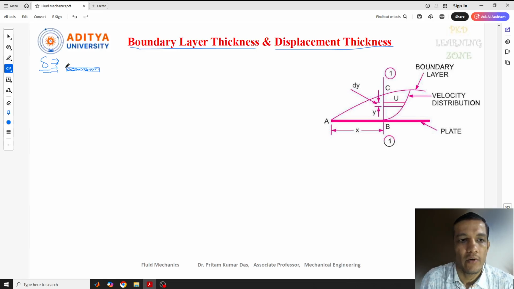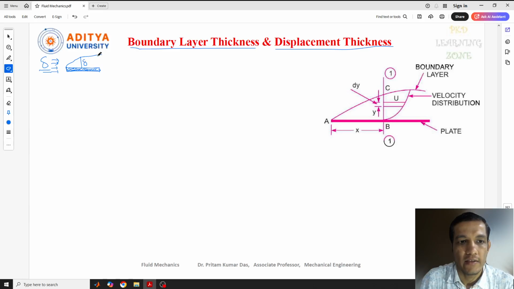Obviously there will be a boundary layer formation in this way, like what we have seen in the previous lecture. The boundary layer thickness is nothing but the thickness from the solid body to the layer where the local velocity will be equal to the free stream velocity. If I take this distance, then this distance is called delta, the boundary layer thickness.